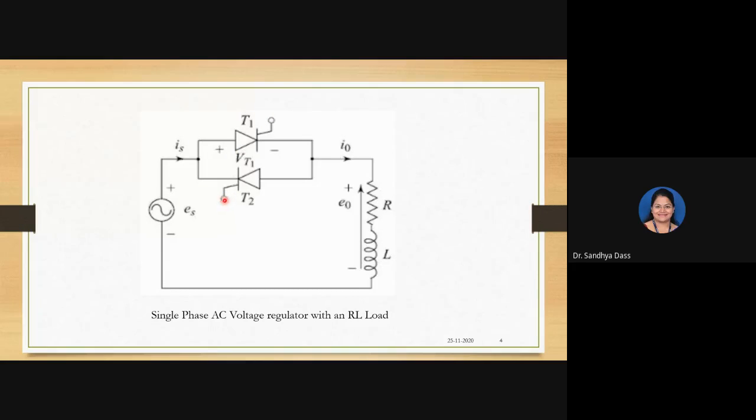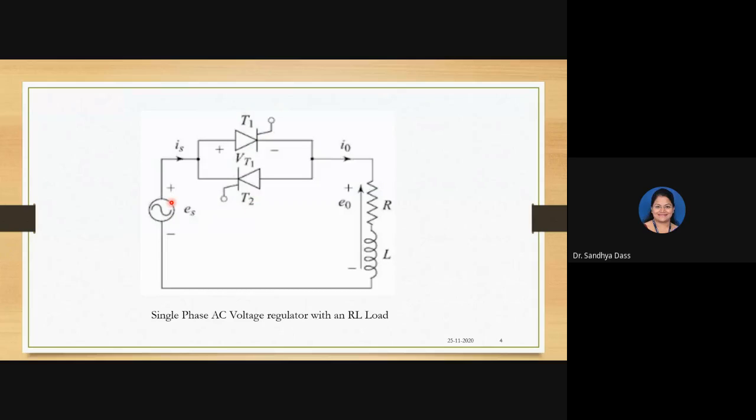I'm repeating every class, you should bear that in mind. Whenever you have SCRs or thyristors in the circuit, there will be a gate triggering circuit. But since you are concentrating more on the application of the type of converter here, you are not showing the gate triggering circuit, but it will be there to trigger the SCRs.